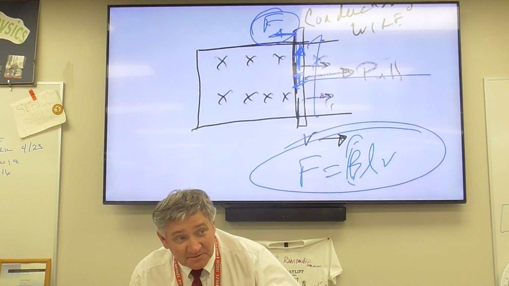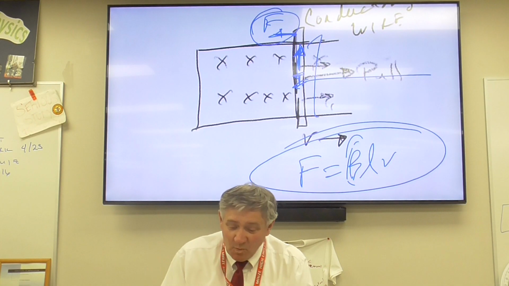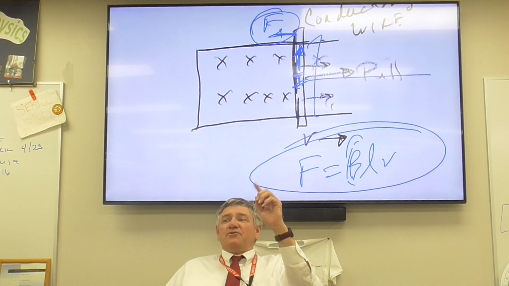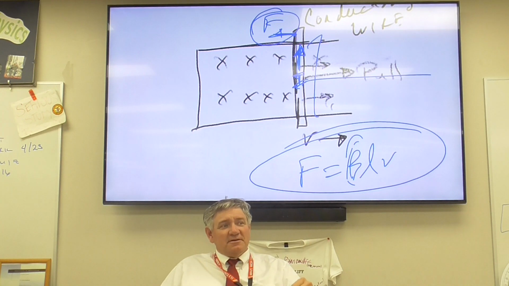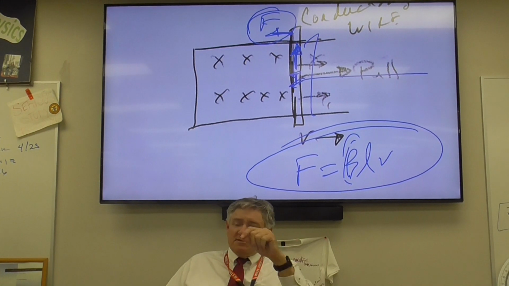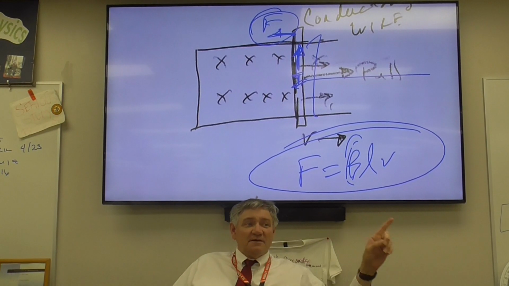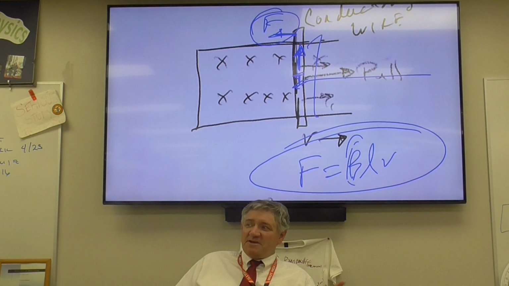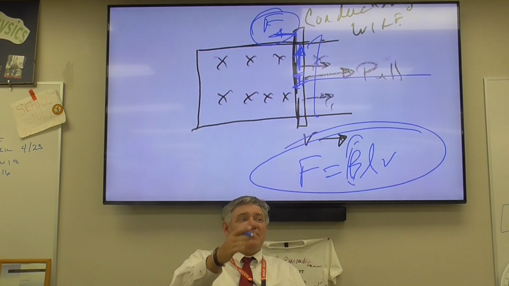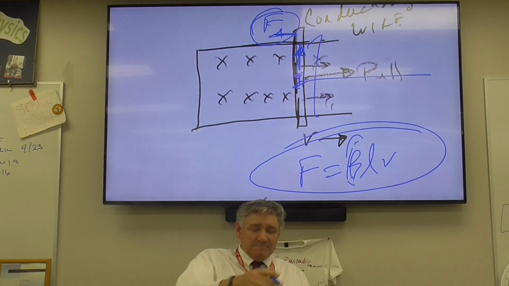It always slowed down. Because what it did is that created a current that opposed the change in the magnetic field. And that force is in the opposite direction, which is why it always slowed it down.